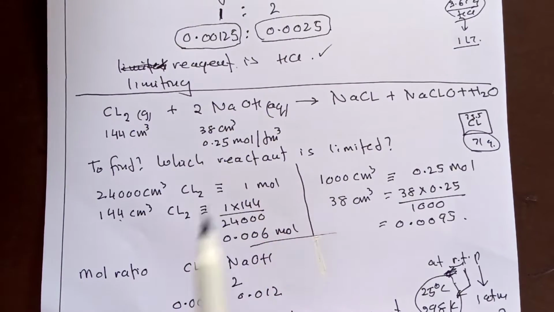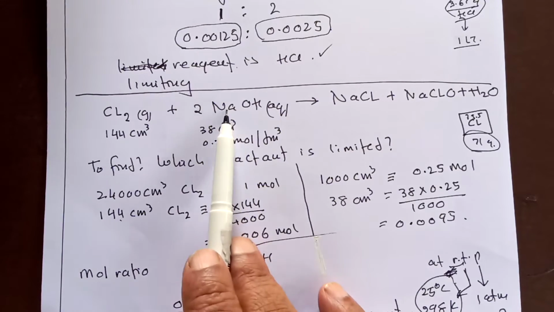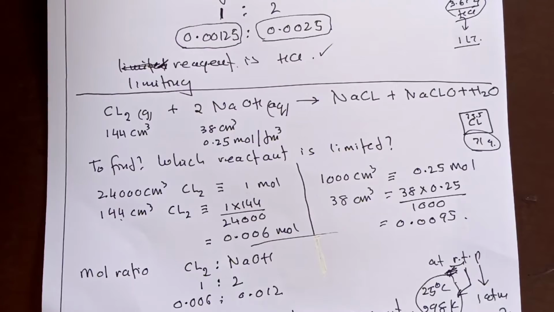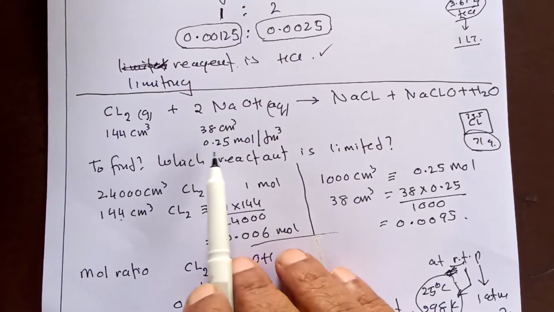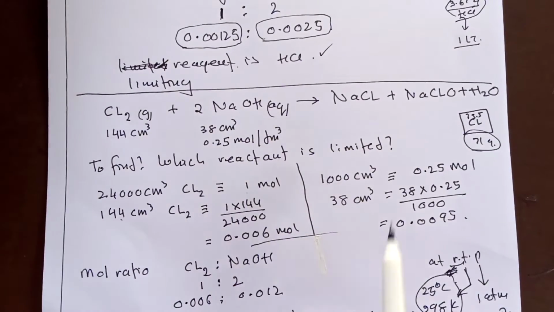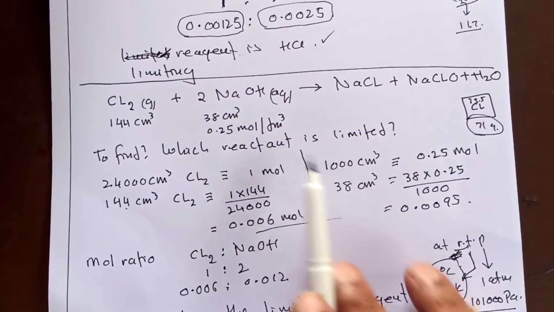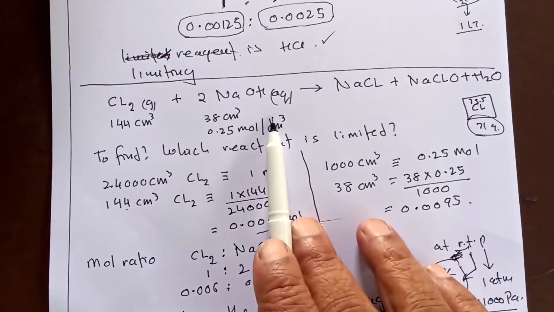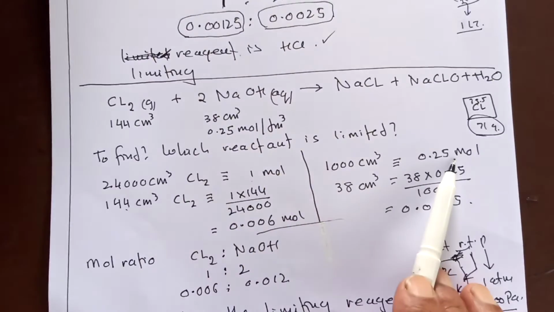So it becomes 10 gram. We have taken this NaOH and dissolved it in 1000 centimeter cube of water. This is what we call the concentration. Now we read this: 1000 centimeter cube contains 0.25 mole.